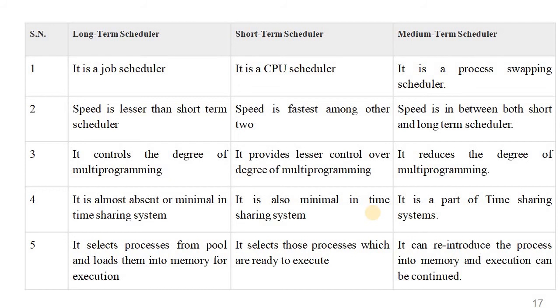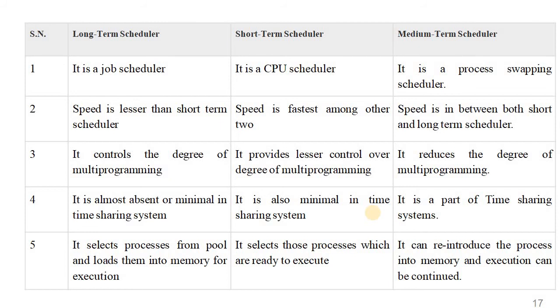So the long-term scheduler is absent from the time sharing system. In the short-term scheduler, its presence is minimal. In the mid-term scheduler, it is a part of the time sharing system.